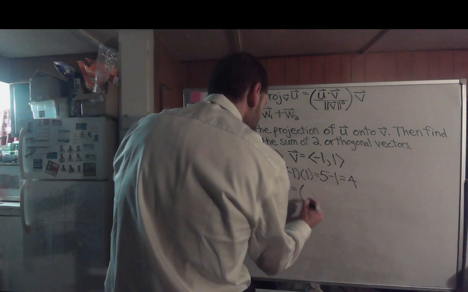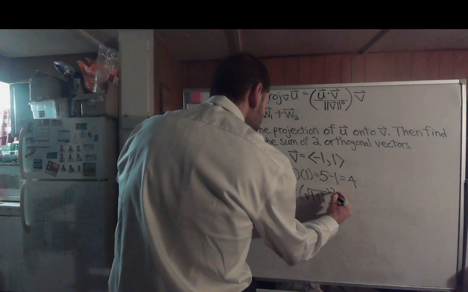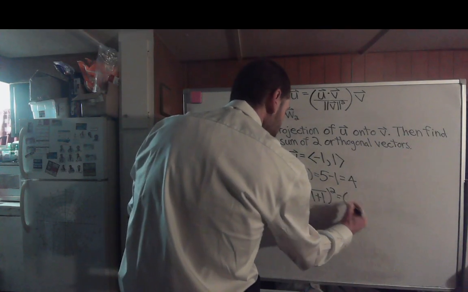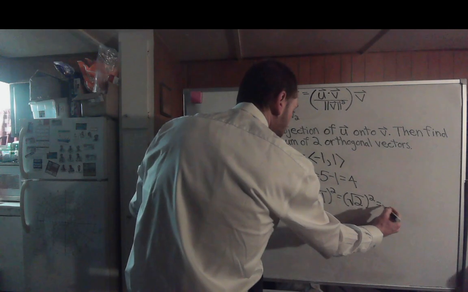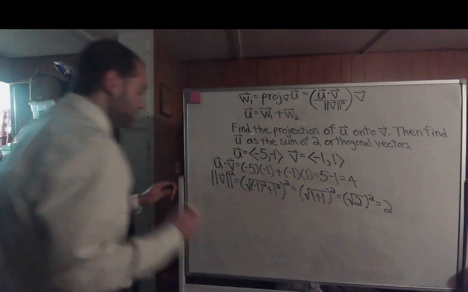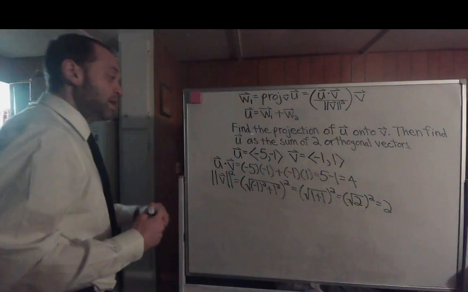So that's going to equal the square root of 1 plus 1 raised to the second power, which would equal the square root of 2 raised to the second power, or just 2. So the magnitude of vector v squared is going to be 2.